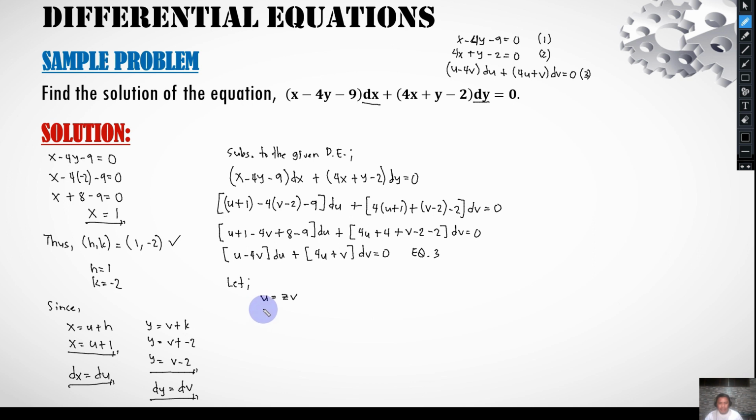So taking the derivative of your u, so du is equal now to z times the derivative of your v plus ito namang v times the derivative of your z, right? Ito yung du natin.